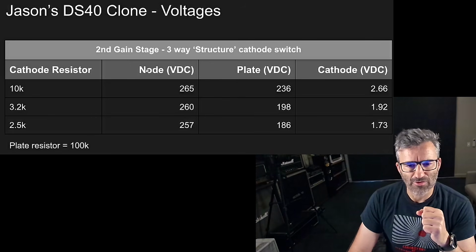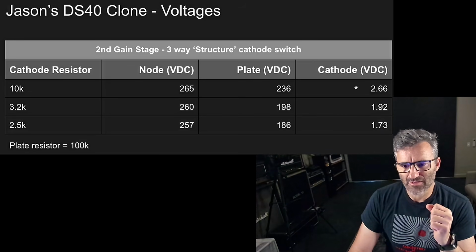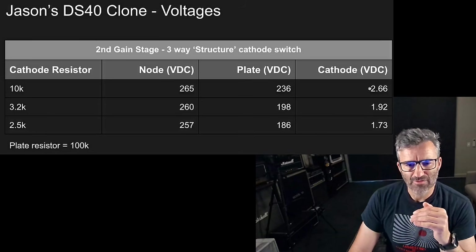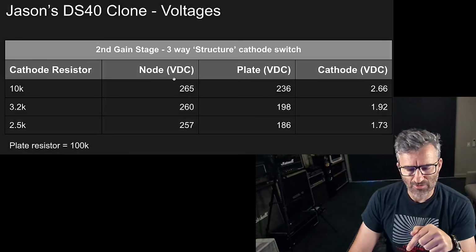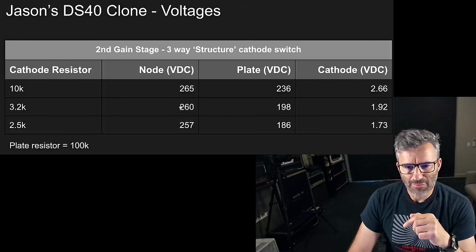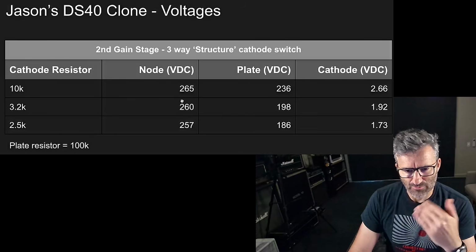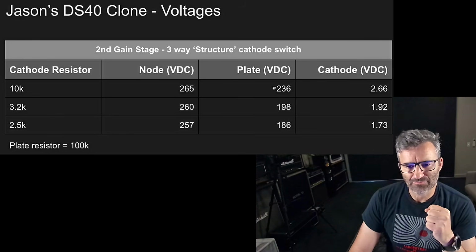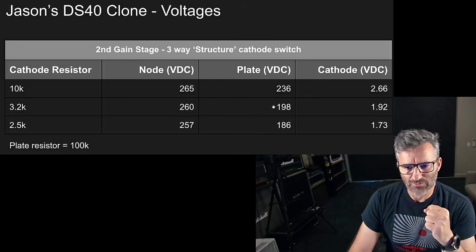All right, but here are my voltages. This is the supply node to the preamp, 265 with the 10K, plate voltage on that second gain stage, and the measured voltage on the cathode. You can see as I reduce the value of the cathode resistor, the node voltage actually drops, because we're getting more current flow through the triode, so it's drawing more current, we're getting more load, and you can see quite a big impact on the plate voltages when you set up these different cathode resistors.